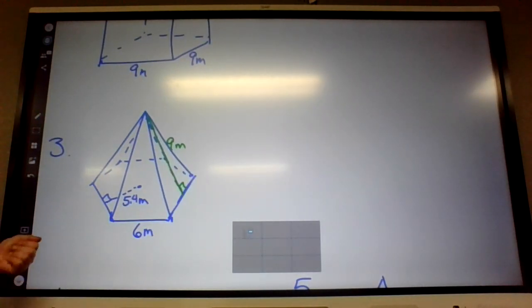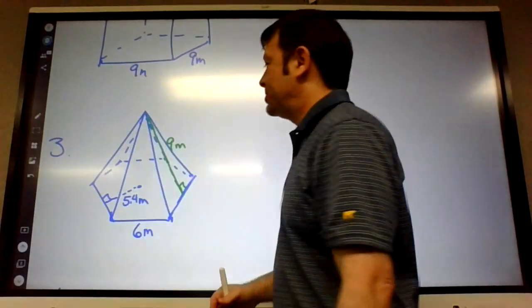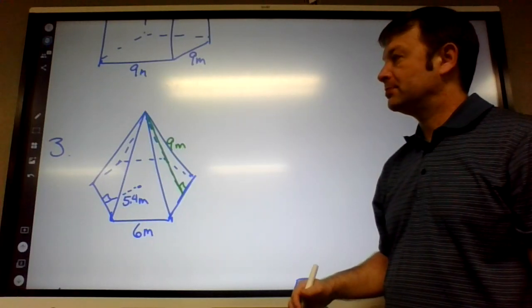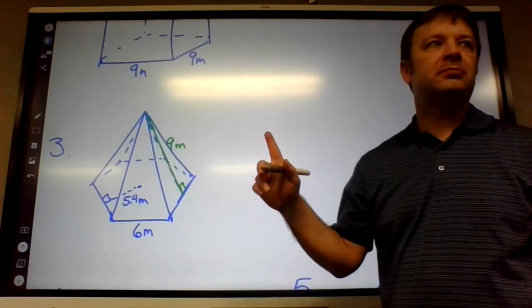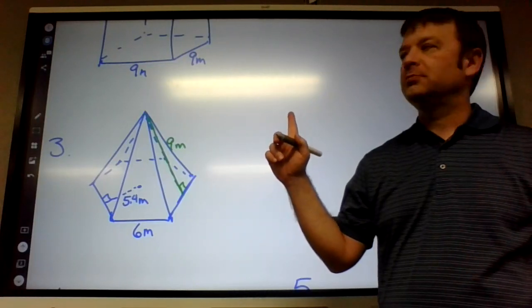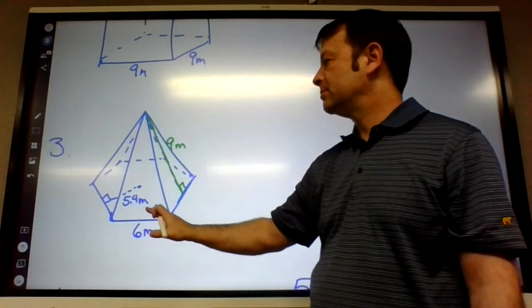Okay, this one was not on the worksheet, although we have done a lot of them this chapter. But what shape is this? Let's start with that. This is a what? Octagon. No, the whole shape. It's a pyramid.